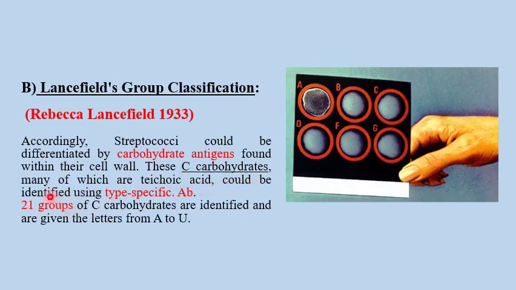And they could be identified using type-specific antibodies. يعني agglutination test is done عشان يبين this group of organism. فعندنا they can divide them into 21 groups of this C carbohydrates, identified and given the letters from A to U. طبعا باين هنا في البيكتشر ان عملنا عملية الاجلوتينيشن between the organism واللي هو السي كربوهيدرات بيتفاعل مع ال type specific antibodies. فطبعا it is clear that this sample is group A لأن حصل agglutination with the A antibody.